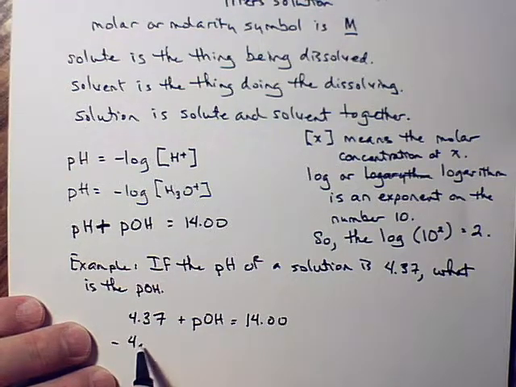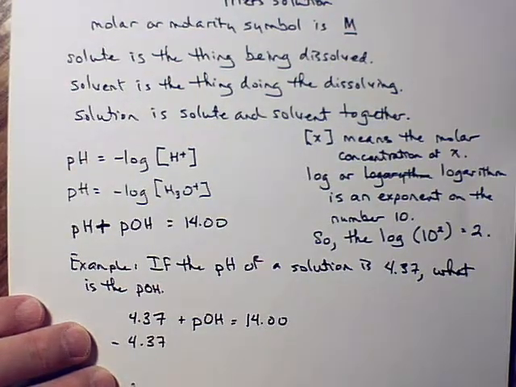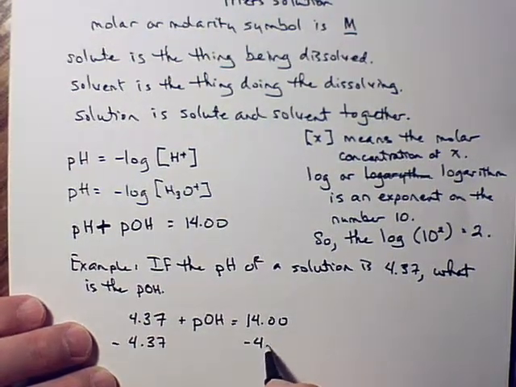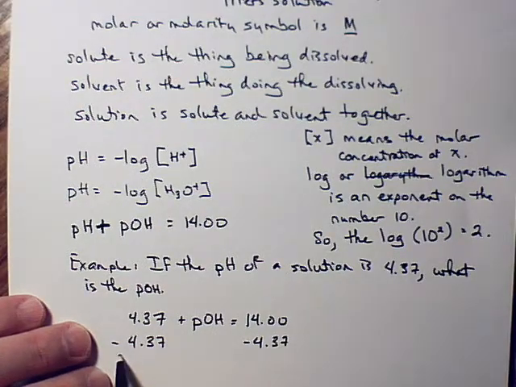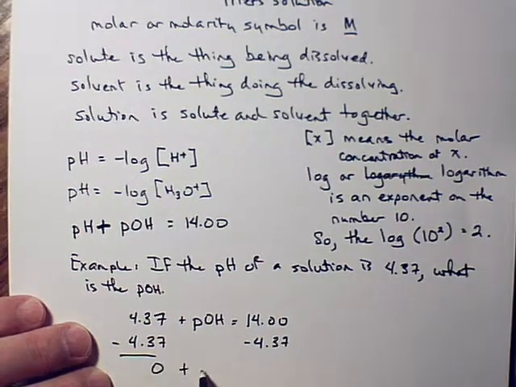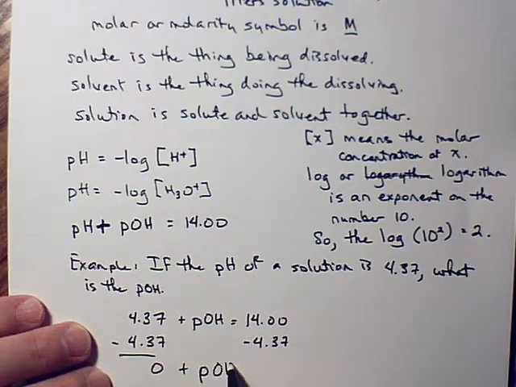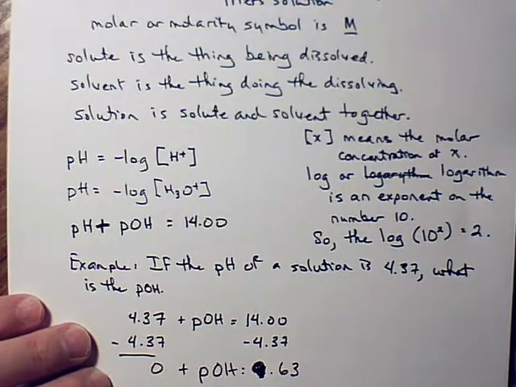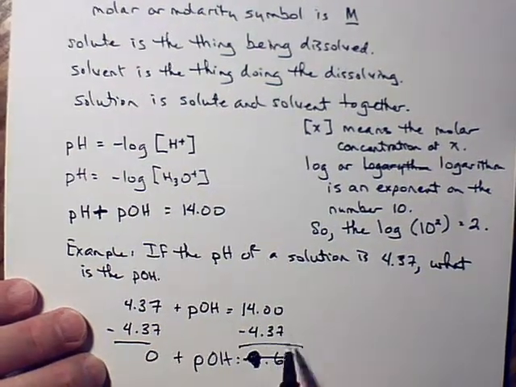So this gives you a 0 over here, so we've isolated pOH. And over here we get 9.63, I'm sorry, that's my dyslexia kicking in there. I don't really have dyslexia.